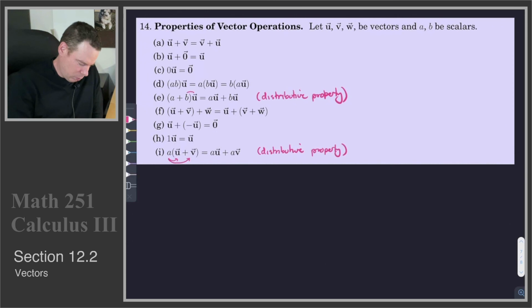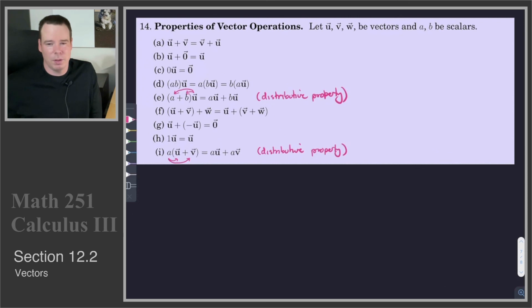So in this case it was the vector distributed across the sum of two scalars, whereas in the last one it's the scalar distributes across the sum of two vectors. Property F says that if you're adding three vectors together, it doesn't matter which ones you add together first. So I can add the first two or the last two, it doesn't make any difference. If I add a vector to its negation, then I get the zero vector, and if I scalar multiply by 1, I just get the vector back.